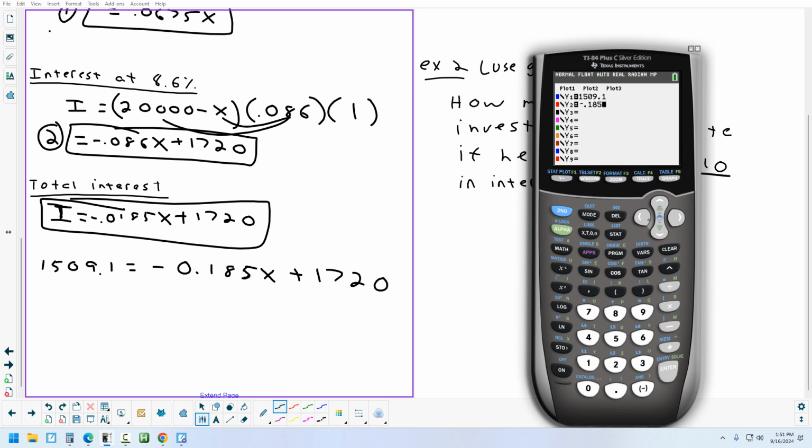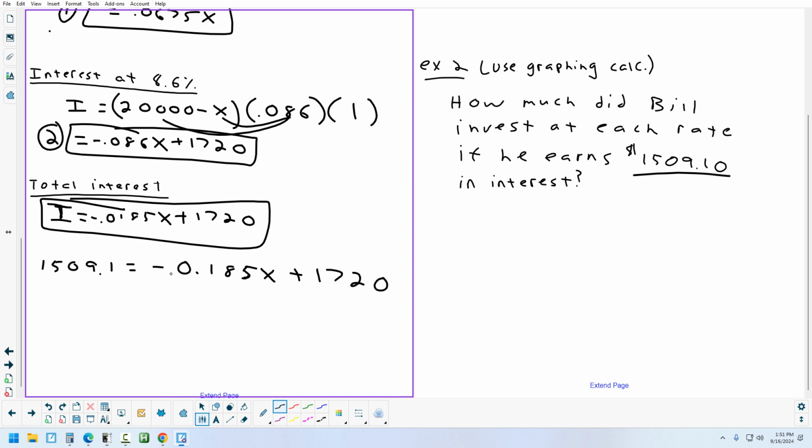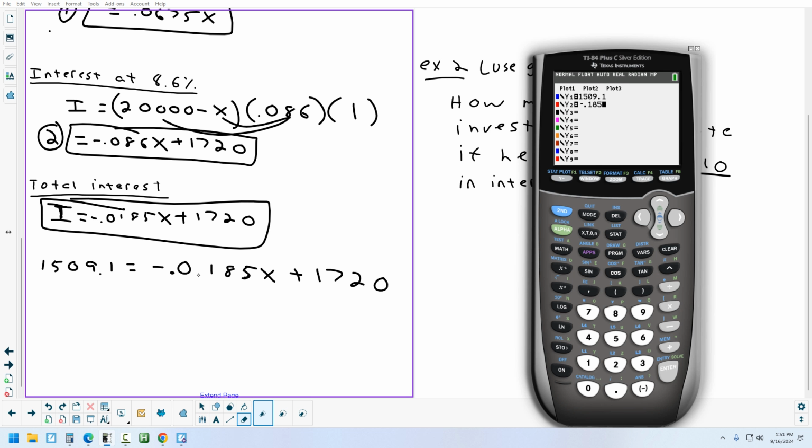And what do you think? Oops, I just copied this wrong. Small change, but important change. Negative 0.0185x.